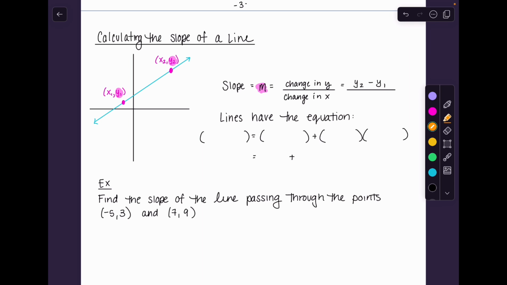When I go to do the difference in the x values, I want to stay consistent. So I'm going to pick the same x value from my y2 coordinate. So we have y2 minus y1 over x2 minus x1. So the first comes from the same point, and the second also comes from the same point.